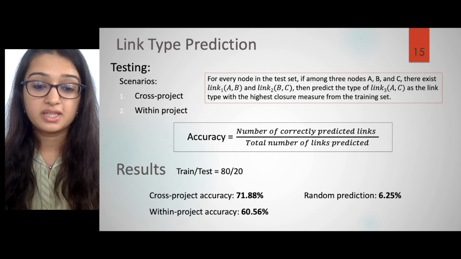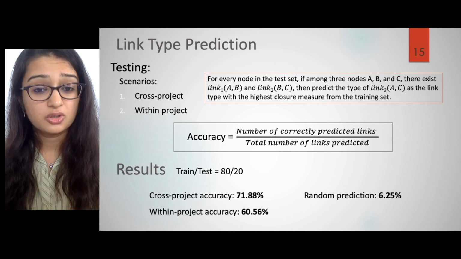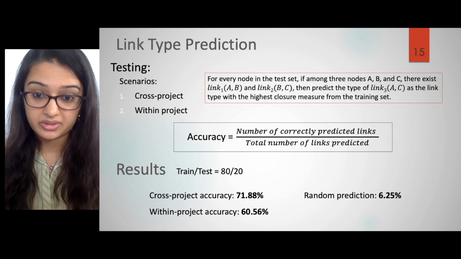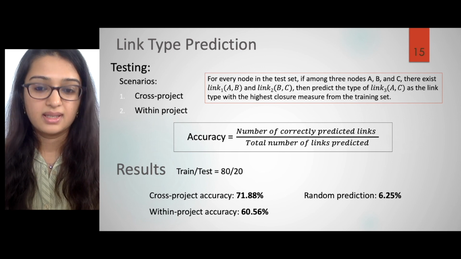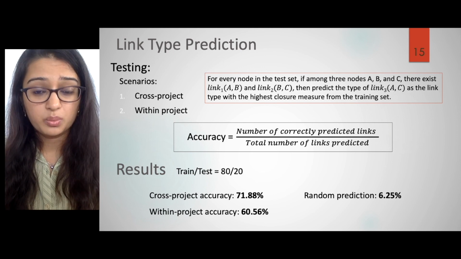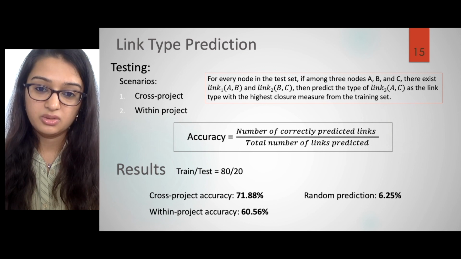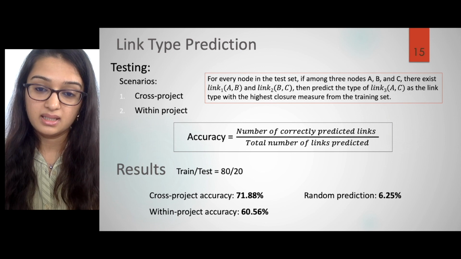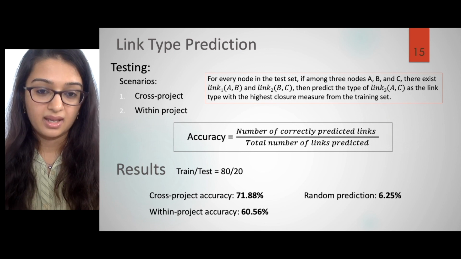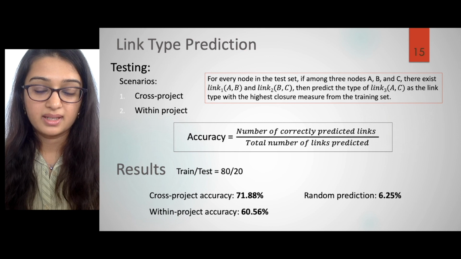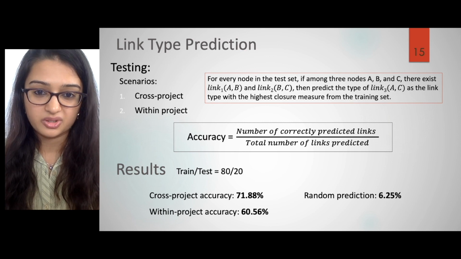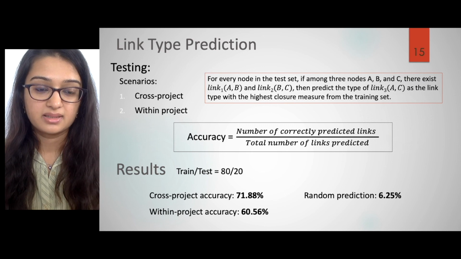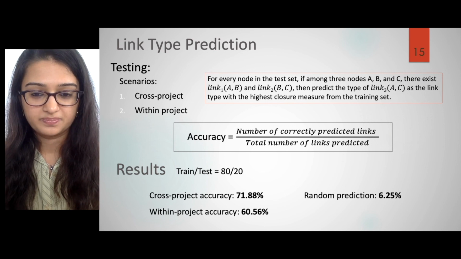We received a within-project accuracy of 60.56%, and that the cross-project accuracy is better than the within-project accuracy indicates that heuristics from within projects can actually be useful even to inform issue traceability tasks in the global context. And so with this, we show that a network property such as triadic closure can be used to inform issue traceability tasks such as link type prediction.